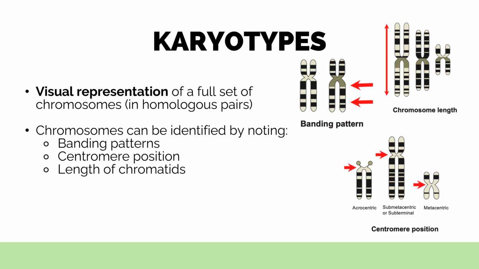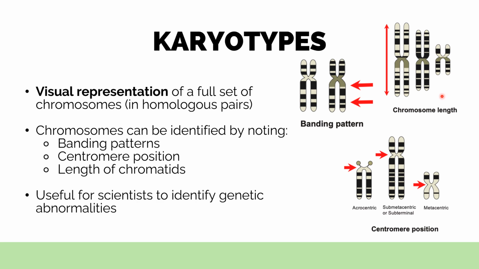And we can identify chromosomes to sort them into a karyotype by using the banding pattern, so the dark and light bands, their centromere position, so this part here, and the length of chromatid, so how long each of those chromosomes are.